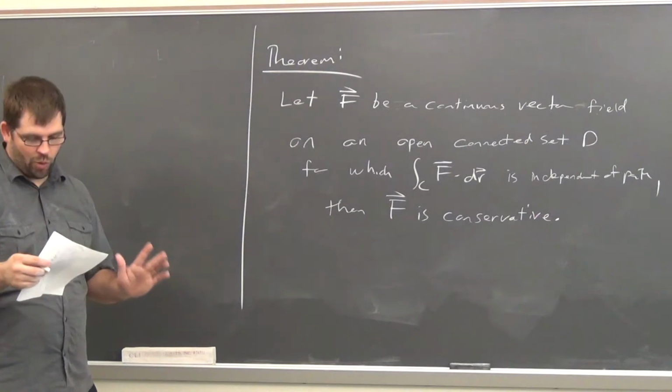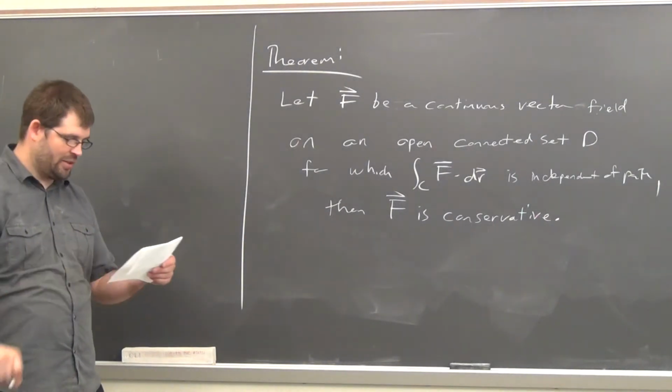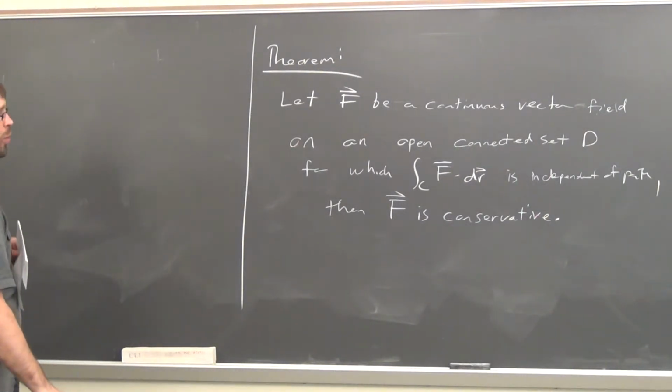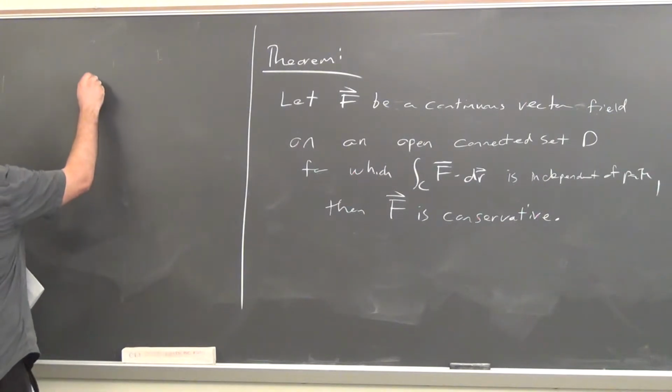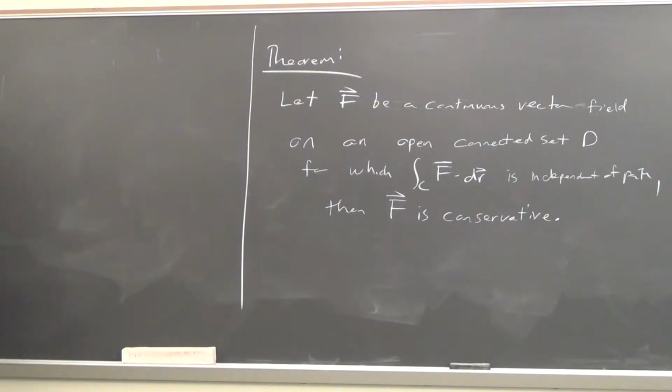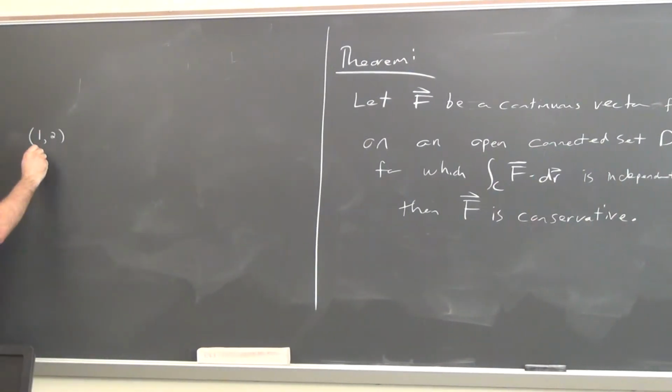And again, I don't want to get into the details of what it means to be connected or open, but let me just draw a picture. So what is an open interval? An interval from 1 to 2 is an open interval if you put parentheses on the ends, and it's closed if you put brackets. What did open mean? It just means you don't include 1, and if you do include 1, that means closed.